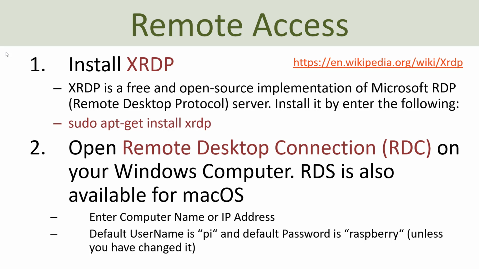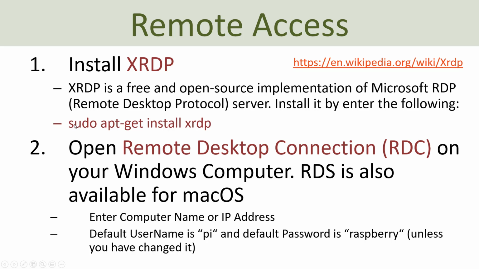You can also remotely get access to the Raspberry Pi on your desktop computer. So you need to install a software called XRDP, which is an open source implementation of the Microsoft Remote Desktop Protocol.